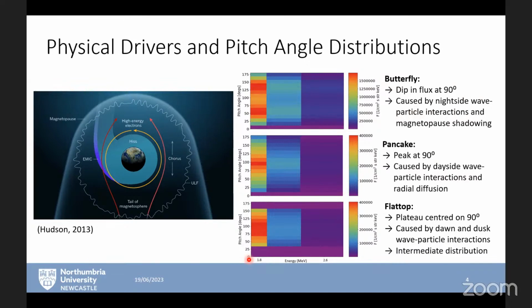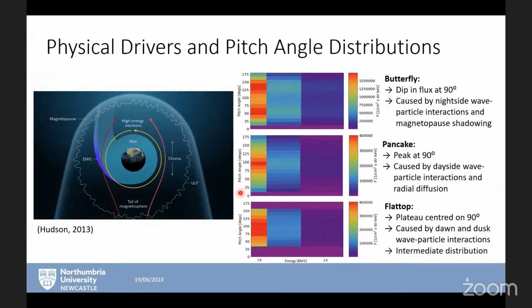Here I'm showing 3 different examples of the shapes that we expect to see. So first we have our butterfly distributions, which has a decrease in flux at 90 degrees. And these are thought to have been caused by things like night side wave particle interactions or something called magnetopause shadowing. Then we have our pancake distributions, which have a peak centered on 90 degrees.